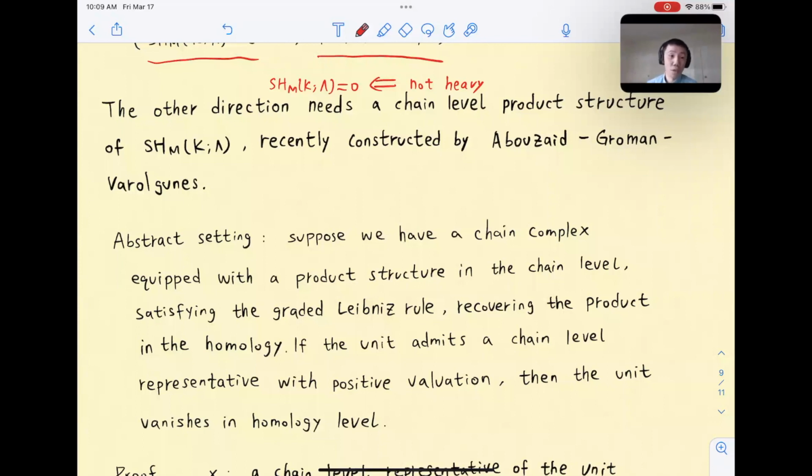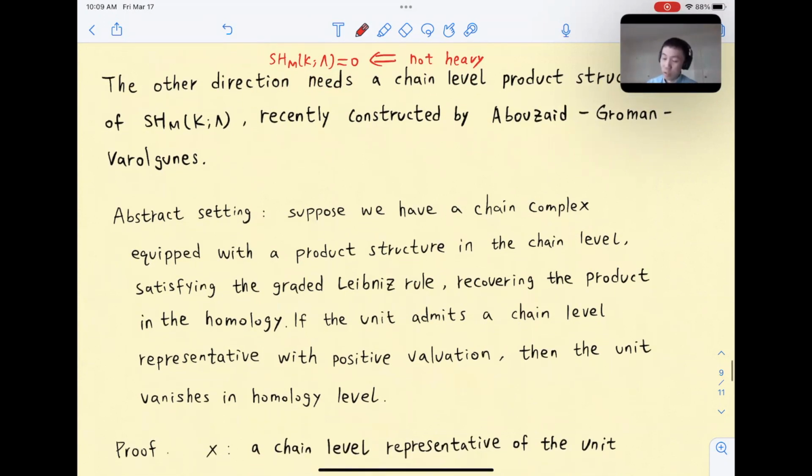Actually, we only use a very small part of it. In general, they also construct those infinity structures, and we only use this product structure, i.e. the first two infinity structures. So the proof, I would like to summarize in the abstract setting.